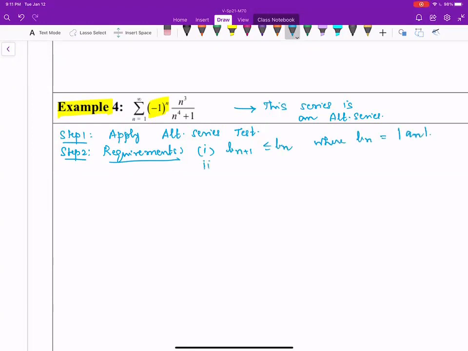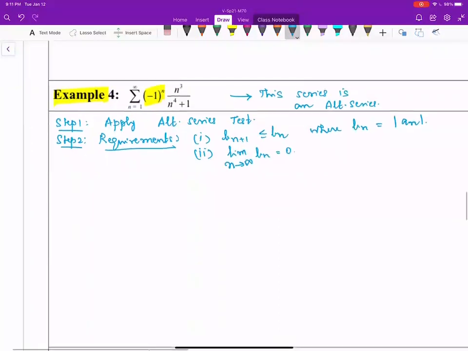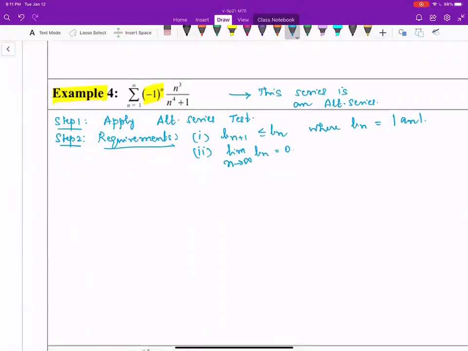And the second one we need to establish is that the limit as n approaches infinity of b_n equals 0. So let's try to do the first part.